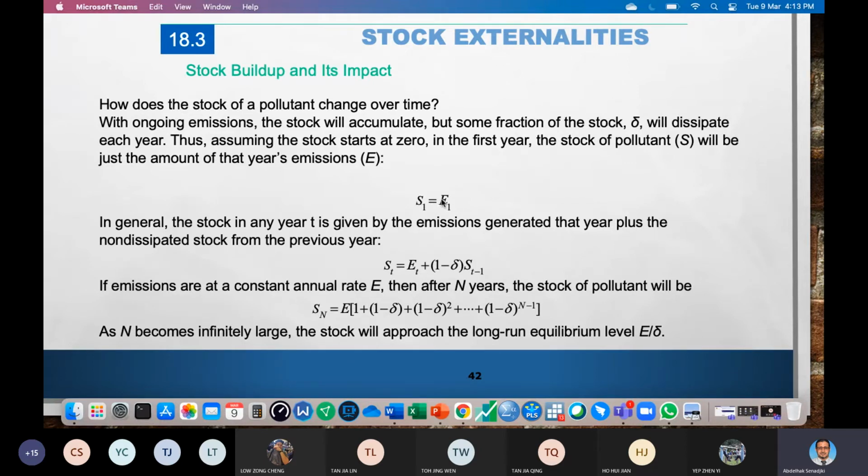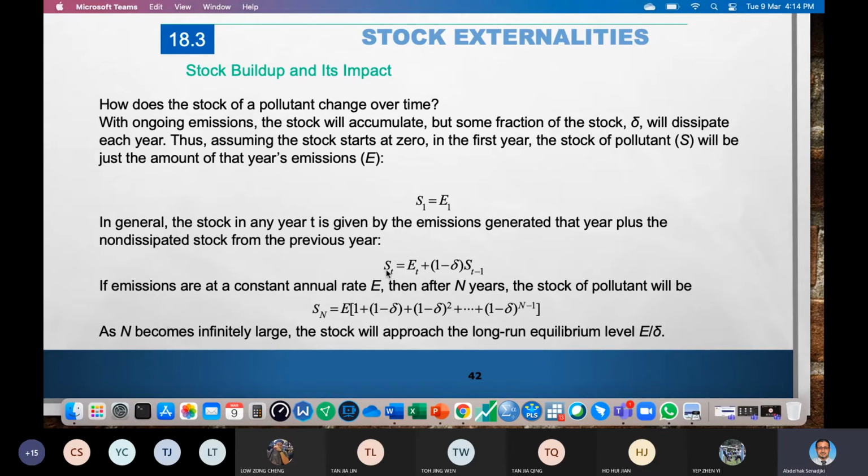So S1 equals E1. The stock of pollutant will be the amount of emission, E, of that year. But in the second year, the stock of pollutant will be equal to the emission that year, E2, plus 1 minus lambda, which is the fraction of the stock that will not dissipate, times the stock of the previous year.